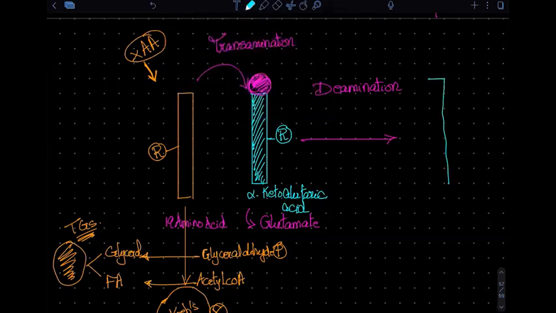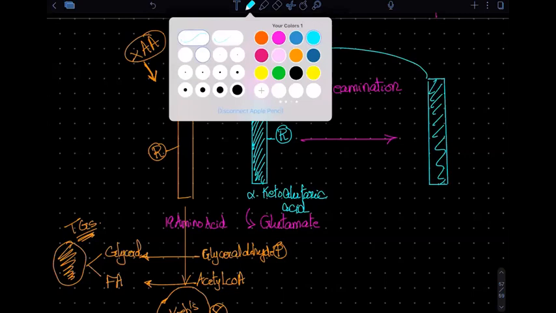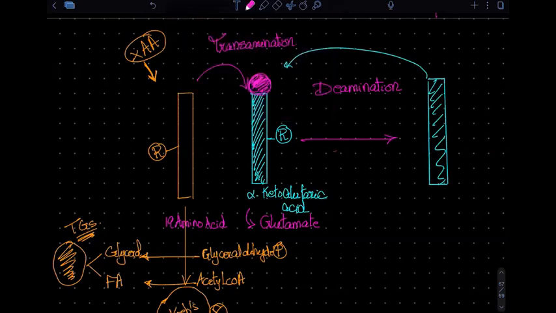I will get back my alpha ketoglutarate acid that will be ready to recirculate and pick up another amino acid later on. So this deamination results in the release of ammonia that will become the urea that would be filtered out in the nephrons and released out in the urine.